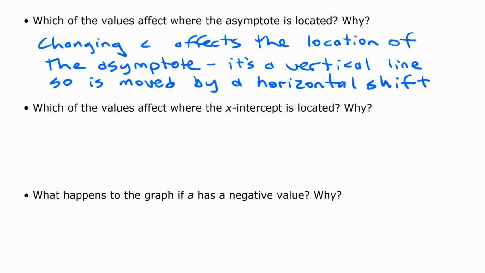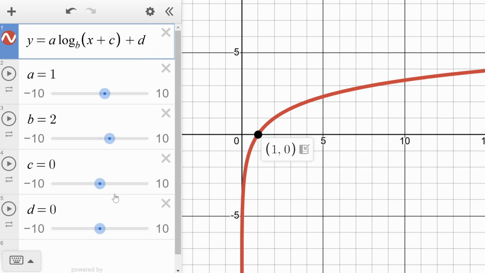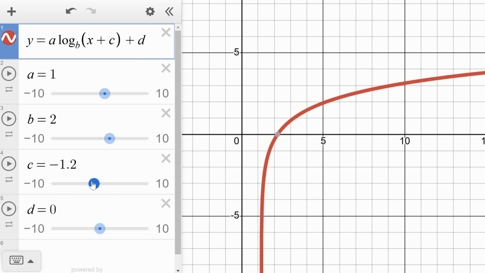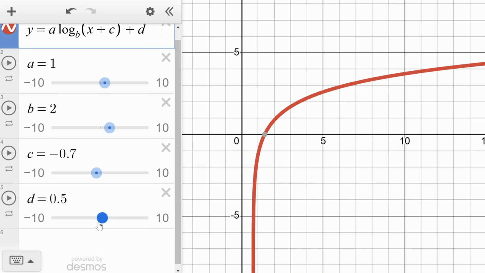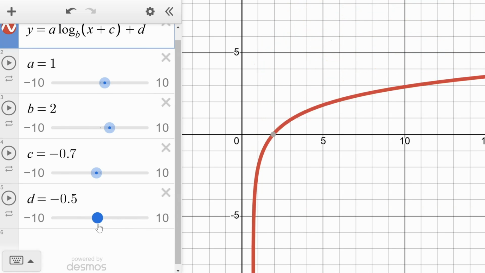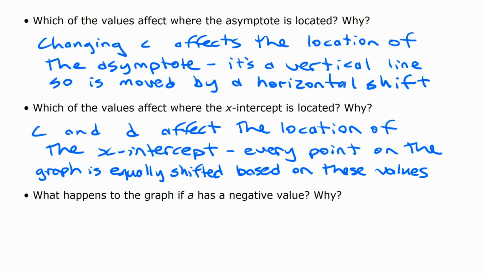And secondly here, which of the values affect where the x-intercept is? There's actually two values that affect where the x-intercept is, and those are c and d, because both of those types of shifts, horizontal and vertical, are going to cause the x-intercept to move. With shifts, every point on the graph moves. So if you shift it vertically or horizontally, you can see that the x-intercept is changed.